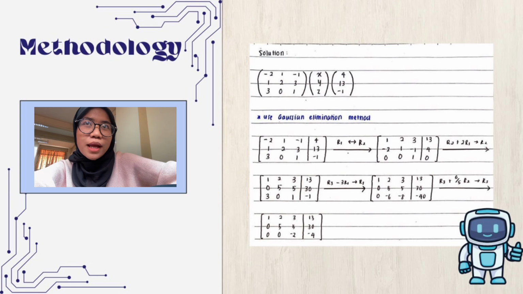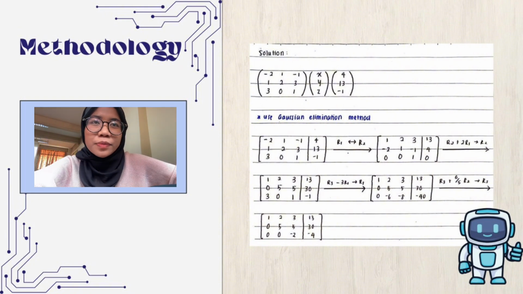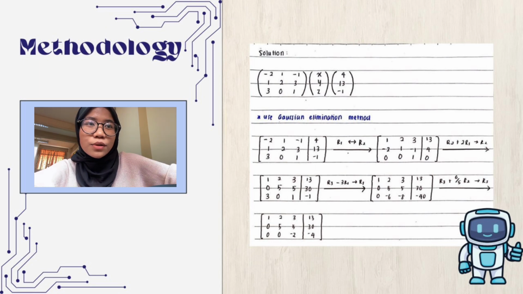Lastly, we eliminate the second element of the third row by adding 6 over 5 times the second row to the third row, R3 plus 6/5 R2, to replace R3. The first and second rows remain the same, and the third row becomes 0, 0, negative 2, and negative 4.